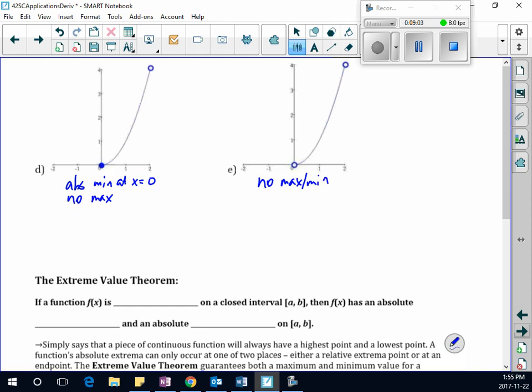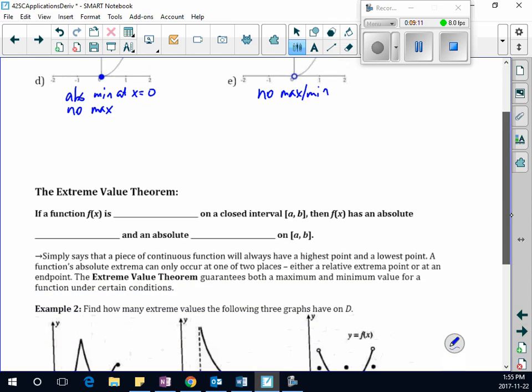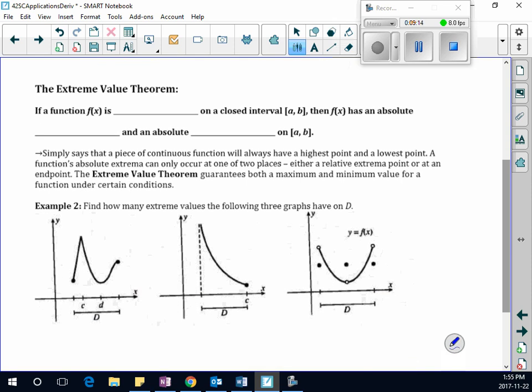Okay, so we're going to get into one of the many theorems coming up here. So the extreme value theorem. You need to memorize this and put it on those little cards I'm saying you need to start. There's going to be lots coming up here.